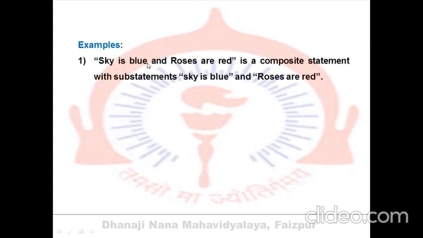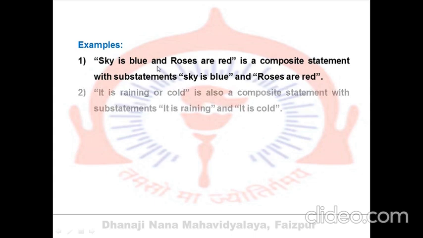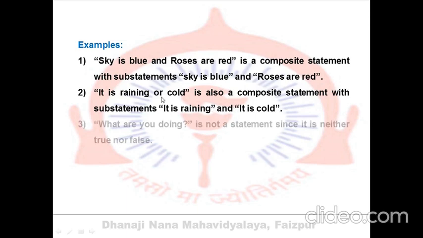Examples: the sky is blue and roses are red is a composite statement with substatements the sky is blue and roses are red, and both are connected with the connective and. It is raining or cold is also a composite statement with substatements it is raining and it is cold, and they are connected with the connective or.